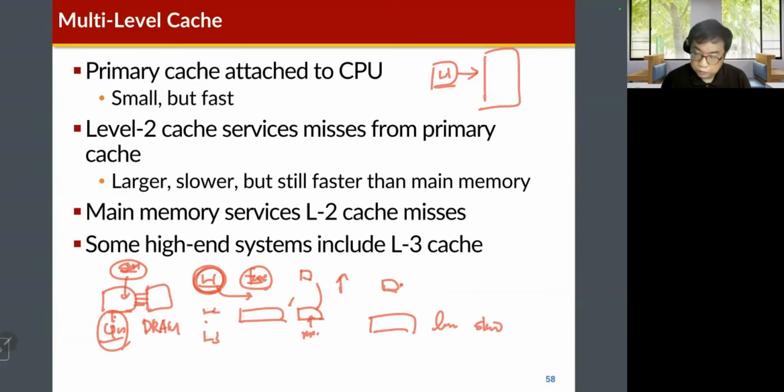But in level 2, we use a unified cache. Also, the size of the level 2 cache is larger than the size of the level 1 cache. The main purpose of using the level 2 cache is decreasing the miss rate.